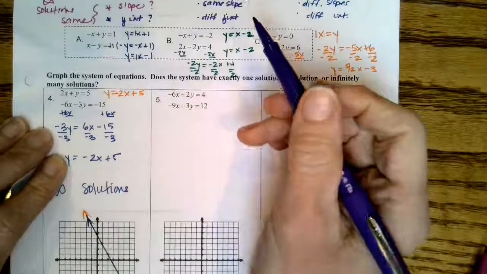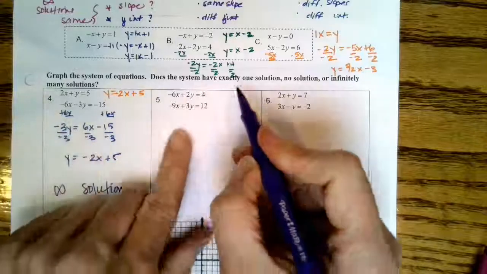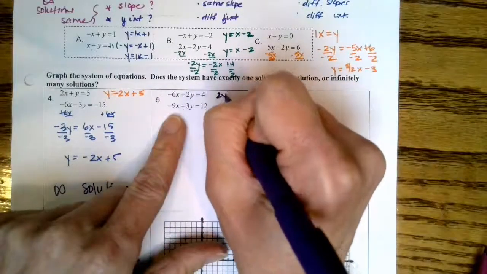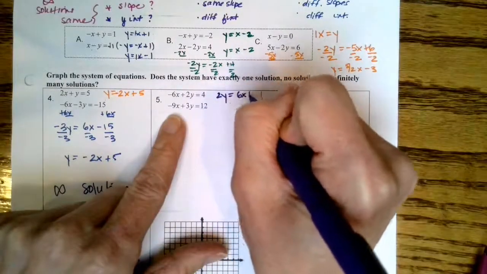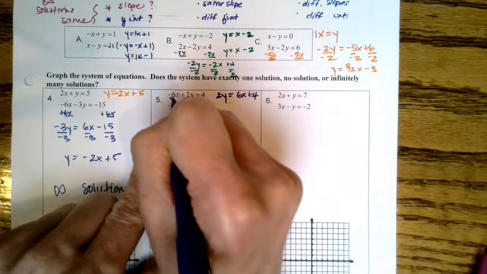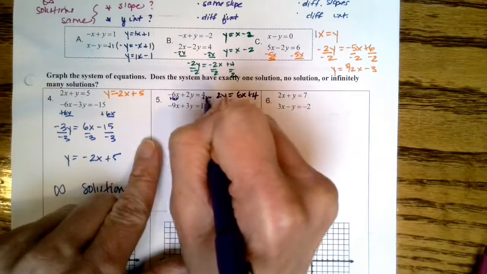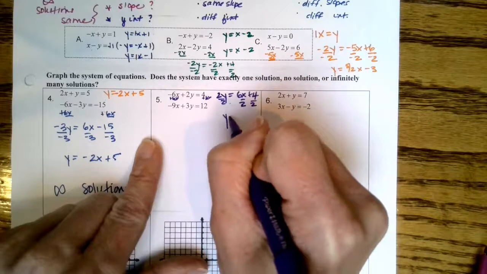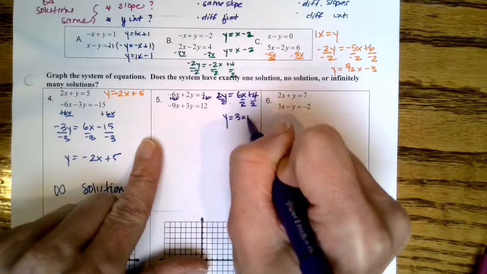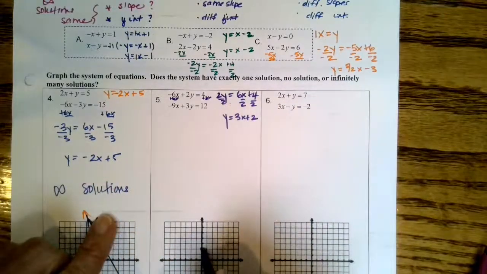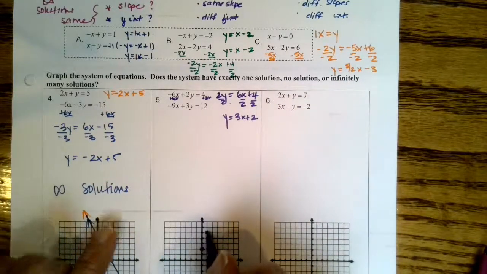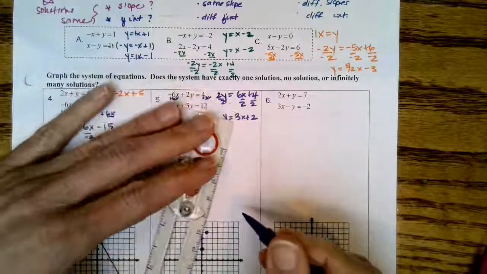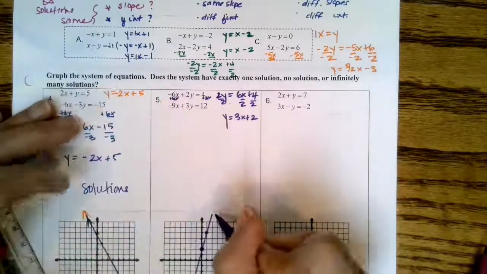When I solve for y here, 2y is equal to positive 6x plus 4. I added 6x to each side. Divide by 2, divide by 2, divide by 2, and I get y is equal to 3x plus 2, positive 2, slope of 3, quick and easy graph.